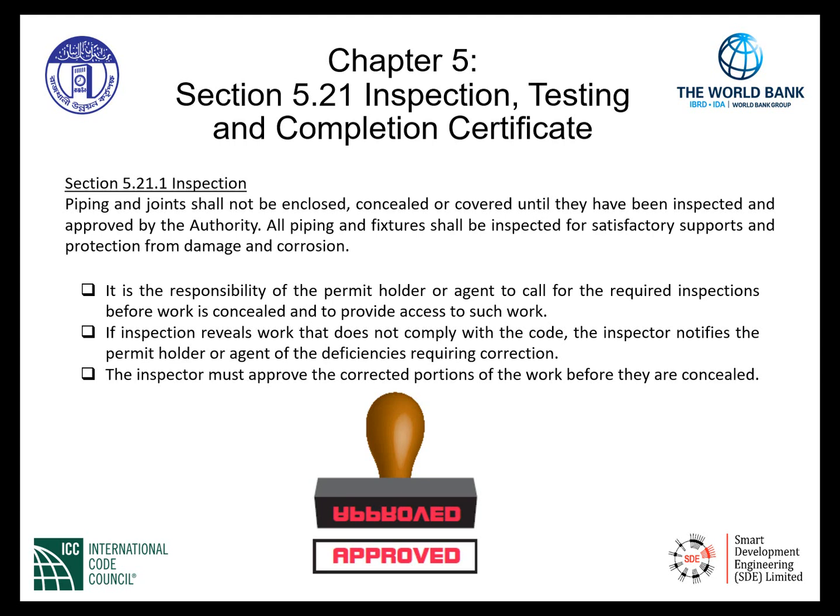All piping and fixtures shall be inspected for satisfactory supports and protection from damage and corrosion. So the authority must inspect all piping, all joints, all supports prior to any concealment or covering with earth.